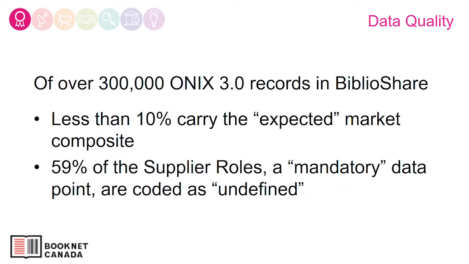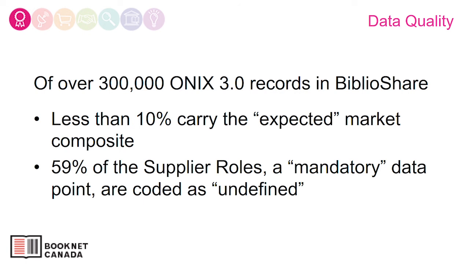Of over 300,000 ONIX 3.0 records in BiblioShare, less than 10% carry the expected market composite. 59% of the supplier roles, a mandatory data point in ONIX 3.0 that's needed to make sense of supply details, are coded as undefined.